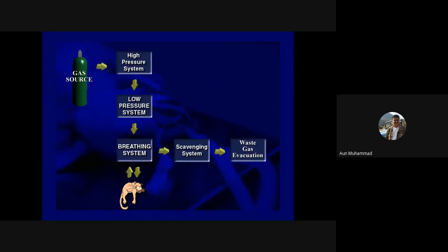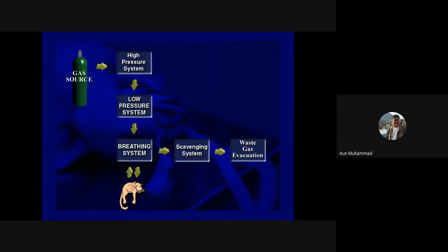Similarly, we have the low pressure system in the form of the flow meters and the vaporizers. And we have the breathing systems, which are responsible for carrying the oxygen and the anesthesia gas, or medical gas, to the patient.